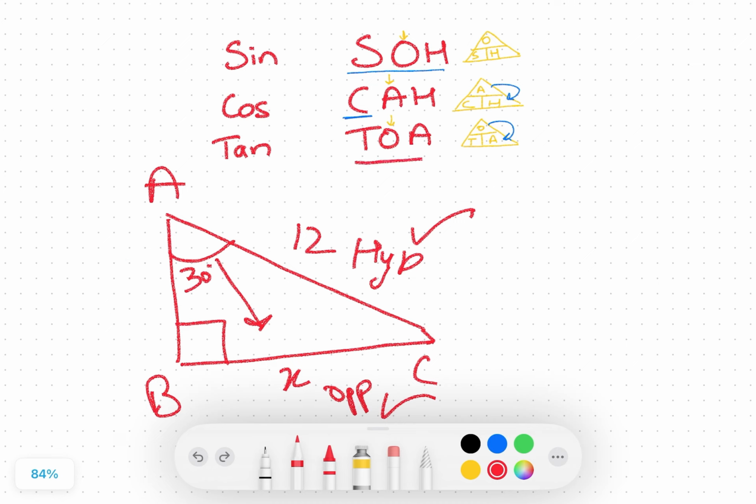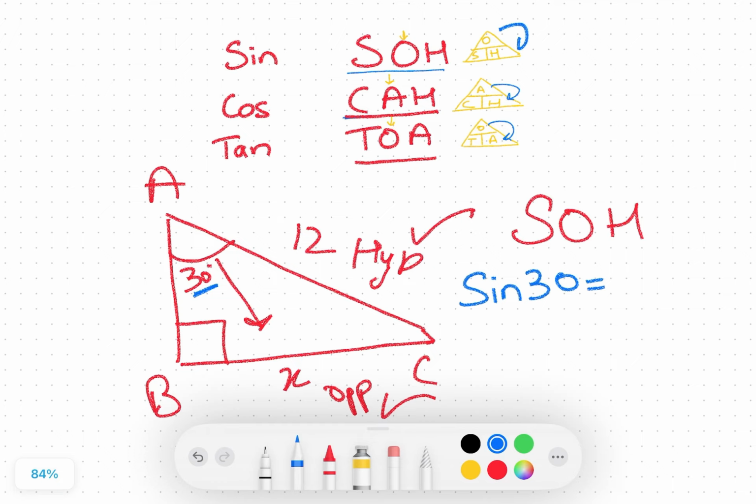So the formulas which have adjacent, we must not use them. Technically, this is this formula. Now, how do I input all of this? Next to the sine, cos, tan function goes the angle: sine 30 equals, remember I told you, opposite divided by hypotenuse, so unknown divided by 12.